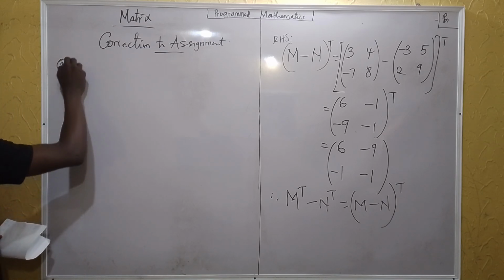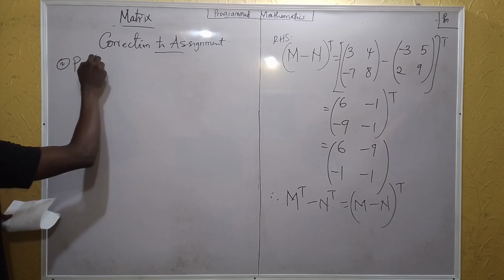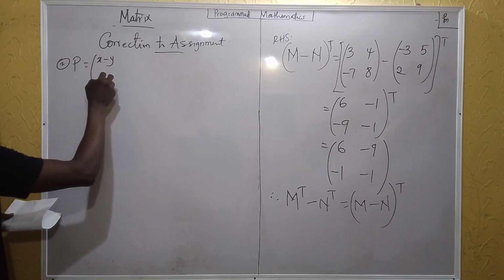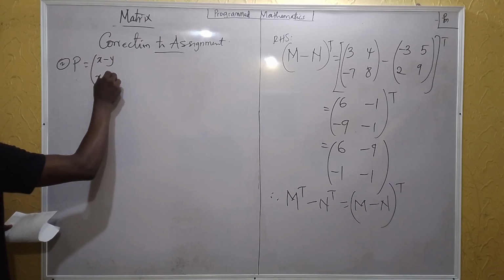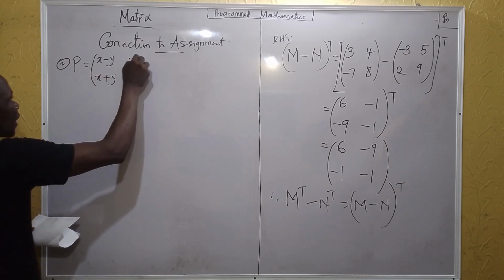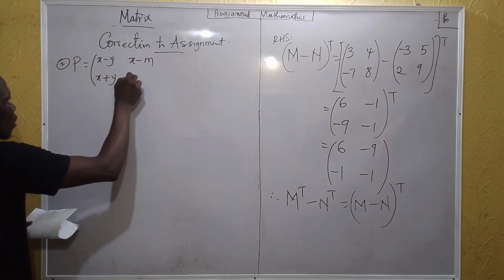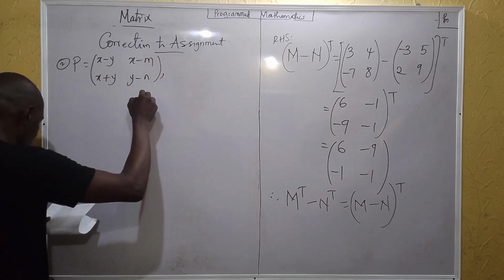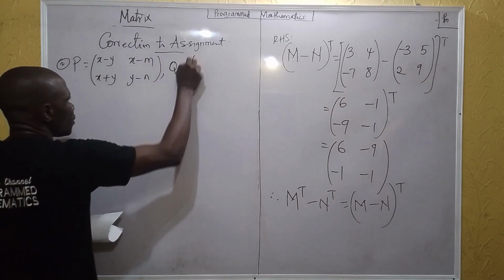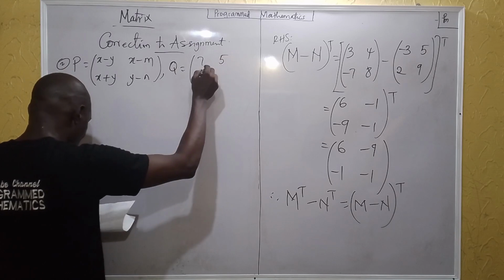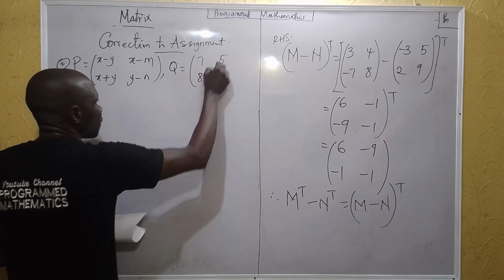Now the second part of the question, question number 2, says we are given matrix P to be the matrix x minus y, x plus y, x minus m, y minus n, and matrix Q to be the matrix 7, 5, 8, 3.